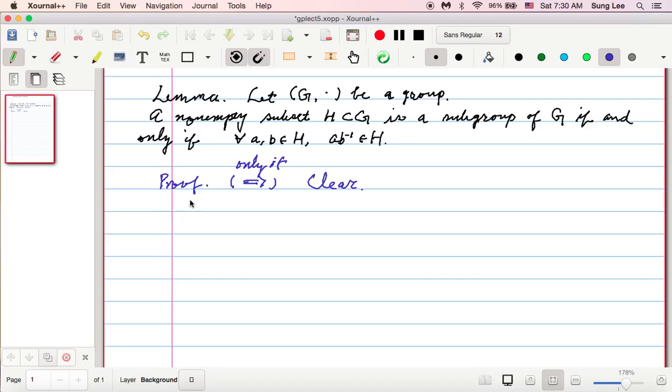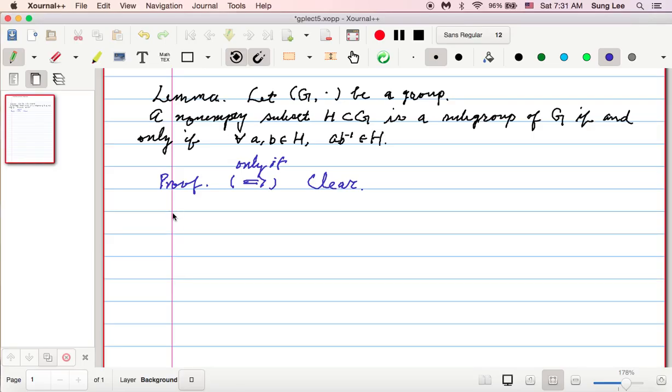Since H is a subgroup, if A and B are elements of H, B inverse is also an element of H, and H has to be closed under the multiplication. So A B inverse has to be also in H. So that's pretty much clear.